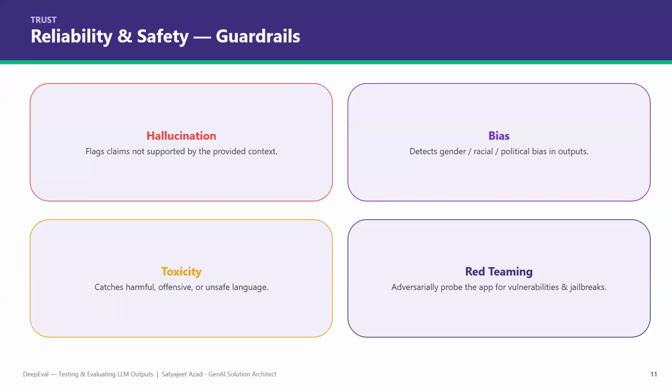Something you see is reliability and safety, which we typically call guardrails. As LLMs cannot work in isolation, you also have to have some mechanism to keep an eye on hallucination, bias, and toxicity.